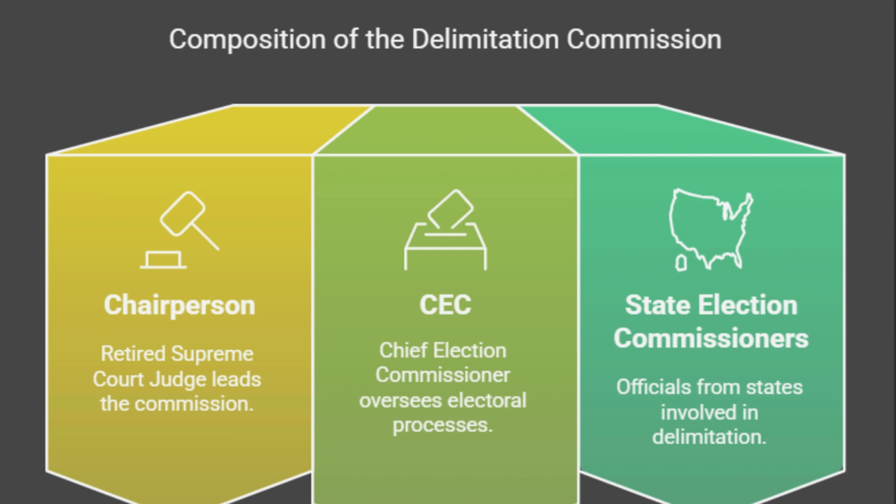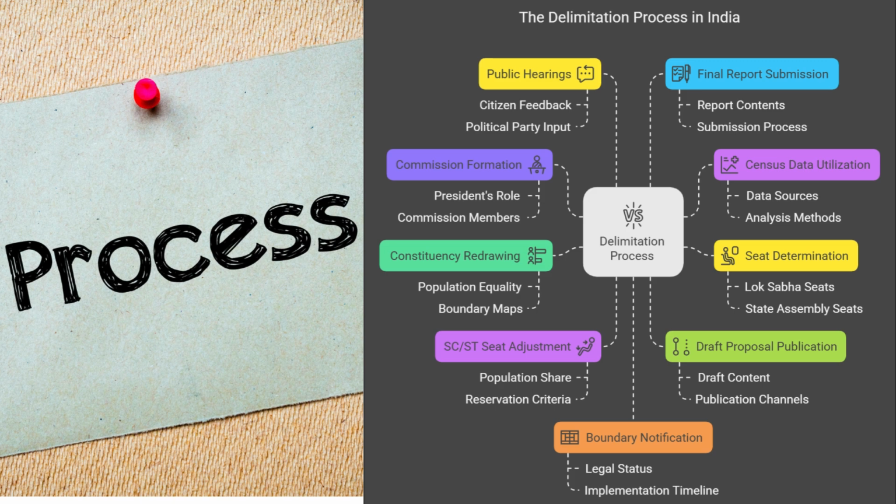Now, let's try to understand the delimitation process in India. The President of India constitutes the Commission. The Commission begins its work using the latest census data. The number of Lok Sabha and State Assembly seats is determined. Constituencies are redrawn to ensure equal population distribution.